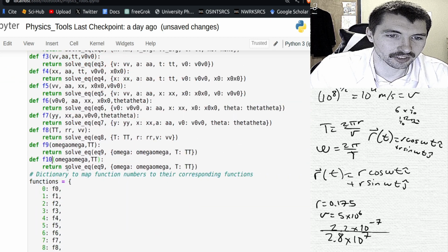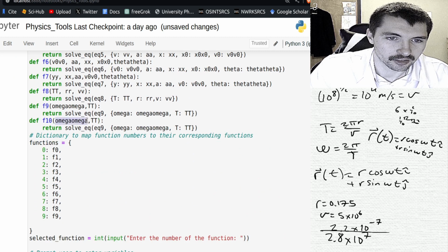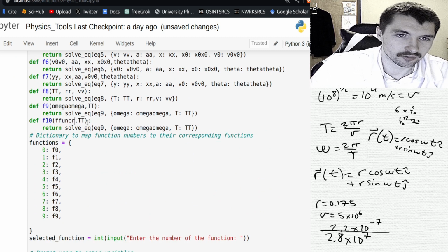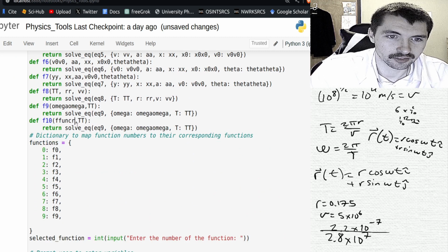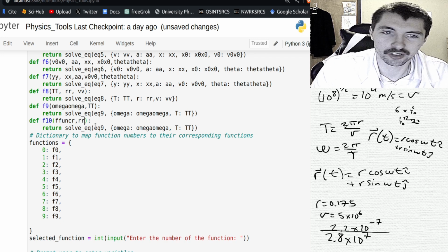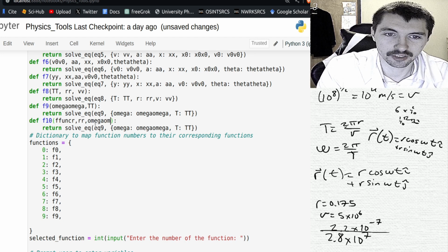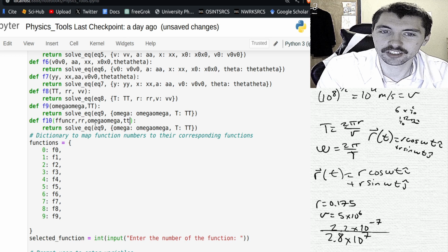So we're going to do something like that. Function r will be r, omega, t.